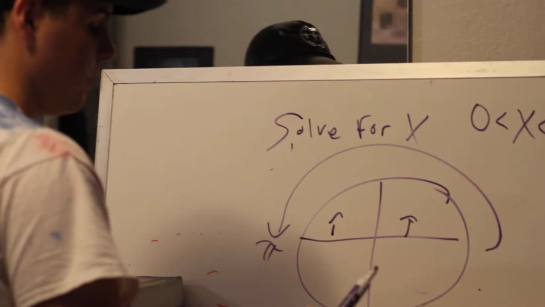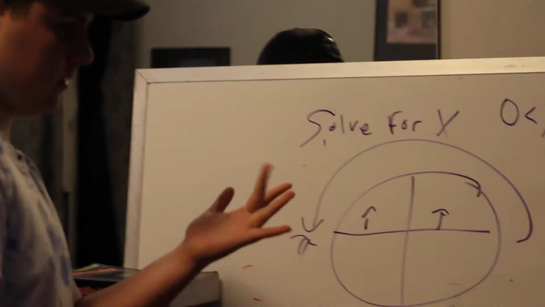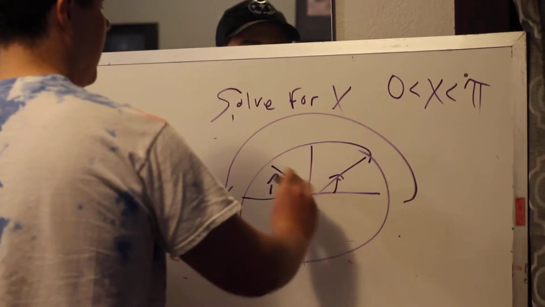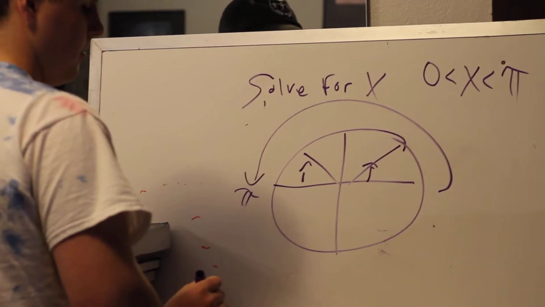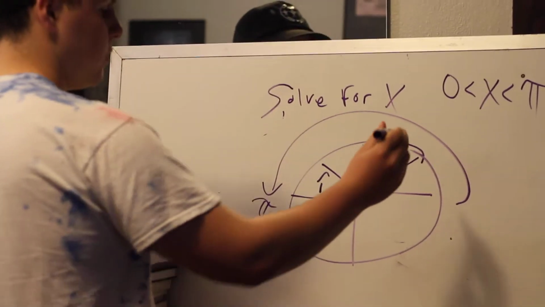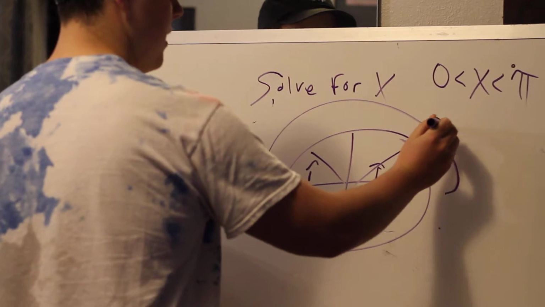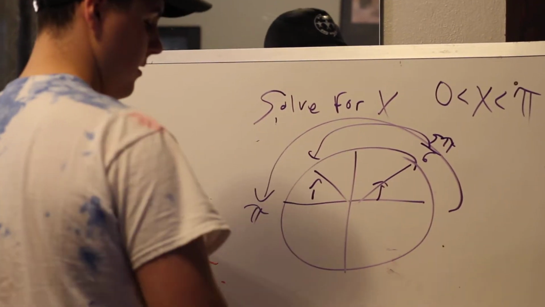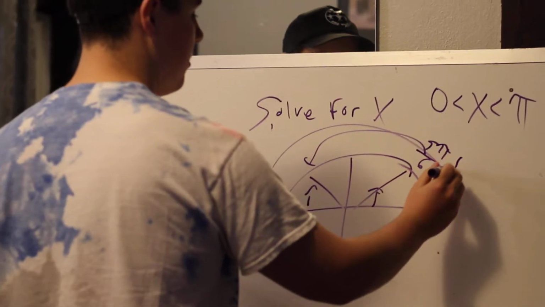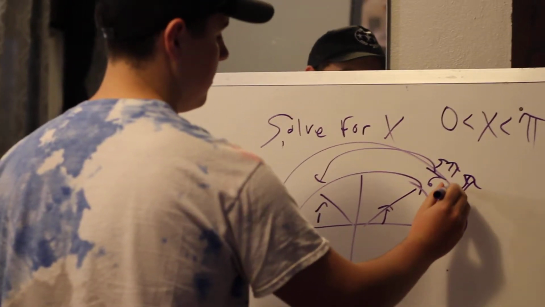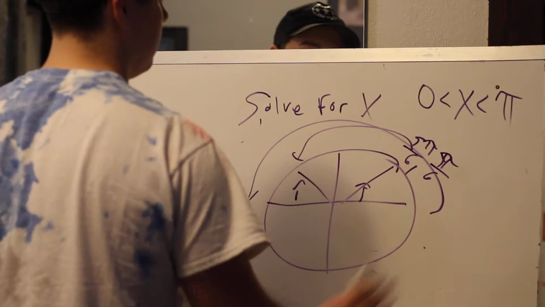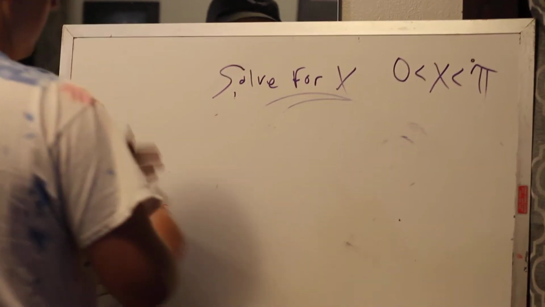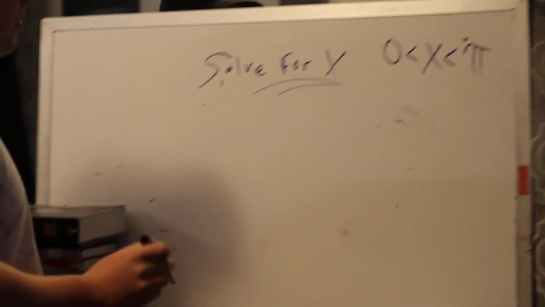Based off of calculations, sine of x equals 1/2 is going to equal 5 pi over 6 on this side, and pi over 6 right here. Pardon my penmanship on my board.